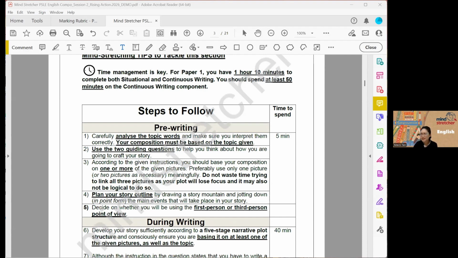Planning in your head is risky in my opinion. It's risky because what if you get stuck or what if you get nervous during the paper? So if we have something written, we can get a visual reminder. Okay? And the thing is, some students say it takes time. It will take time now if you have never been doing it. It will take time now for you to write, but the more you do it, the faster it gets.